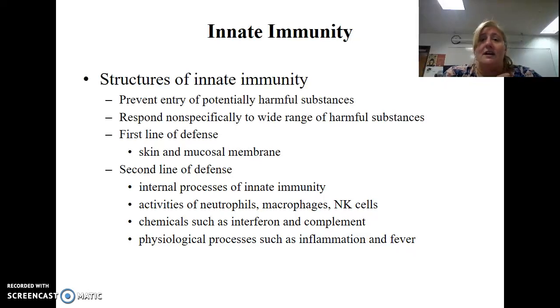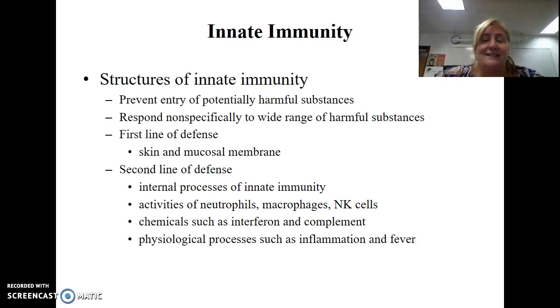If our skin is gone, then we don't have that protection anymore, and we're way more prone to infections. Mucous membranes line every area of our body that is open to the inside and will trap pathogens in the mucus. And then we have ciliated cells that will push that mucus towards the throat or towards the external environment.